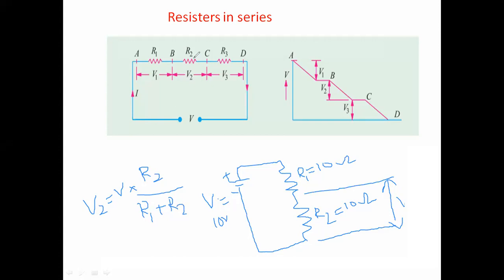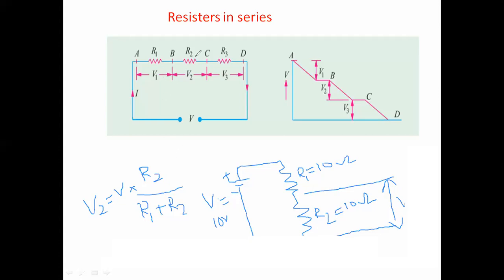In this figure also we can find V1. V1 is equal to the applied voltage V into R1 divided by the total resistance R1 plus R2 plus R3. I think you are getting it.